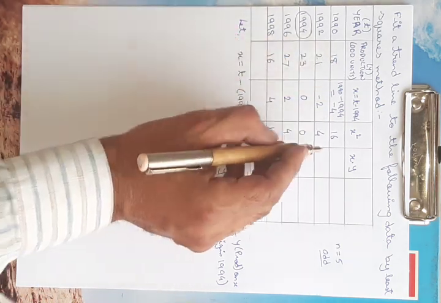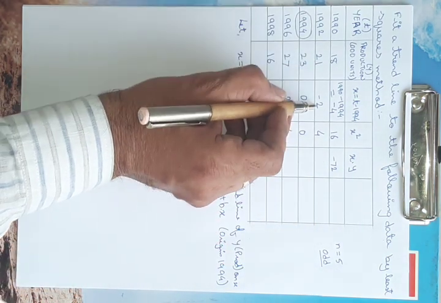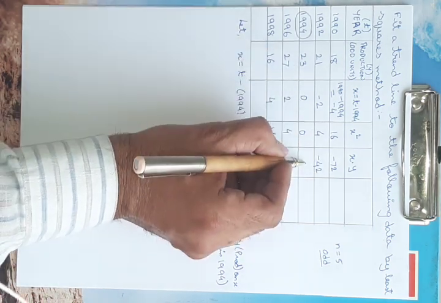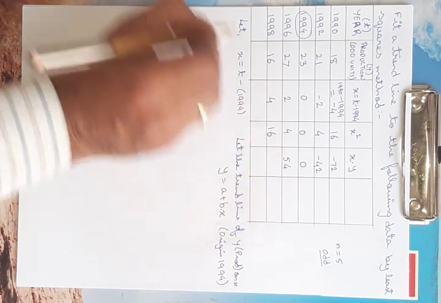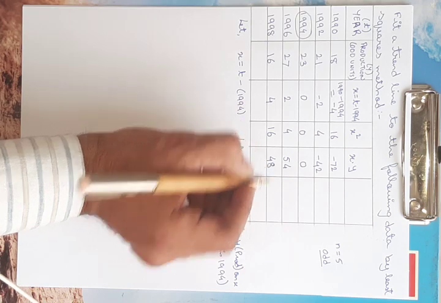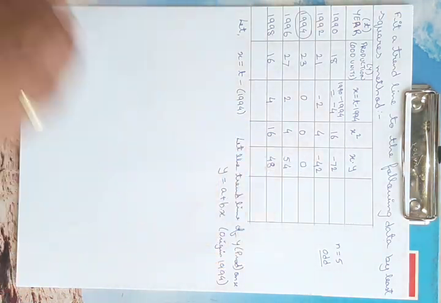So 18 multiplied by minus 4 comes out to be minus 72. 21 multiplied by minus 2 is minus 42. 23 multiplied by 0 is 0. 27 multiplied by 2 is 54. And 16 multiplied by 4 is 64. Okay, so this is how you need to calculate.